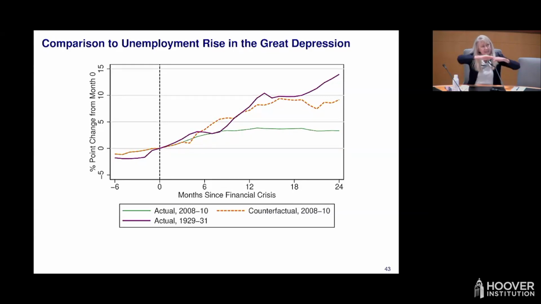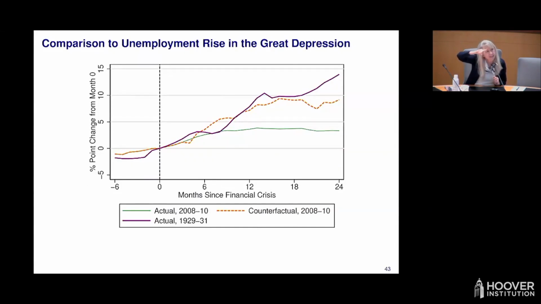At 10, yes, but relative to where it was when Lehman, because remember it had been rising since May 2007. Okay, so this is the additional after Lehman Brothers, how much it had risen. The orange line is that same counterfactual that I showed you on the previous graph. Remember, that had gone up to 15%. The rise relative to Lehman Brothers is almost 10 percentage points.